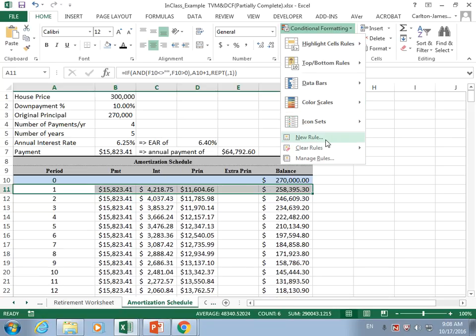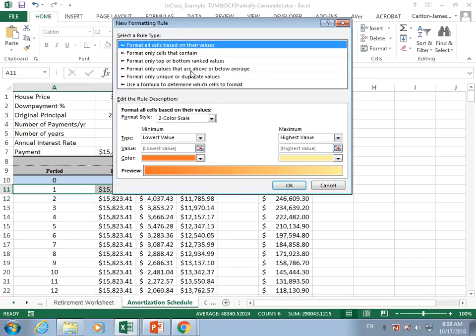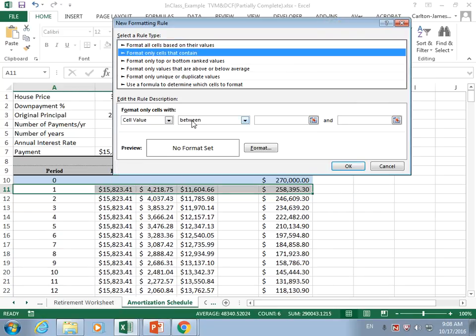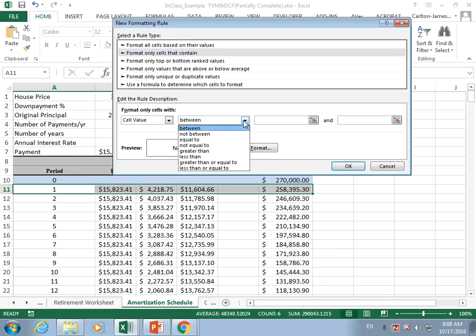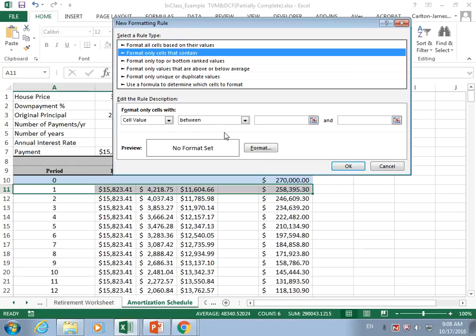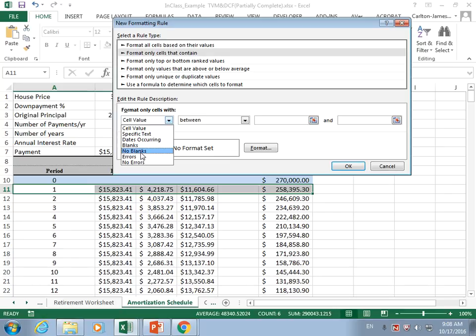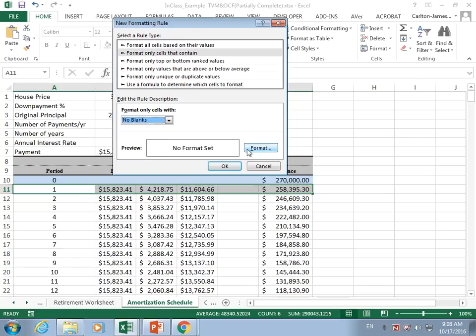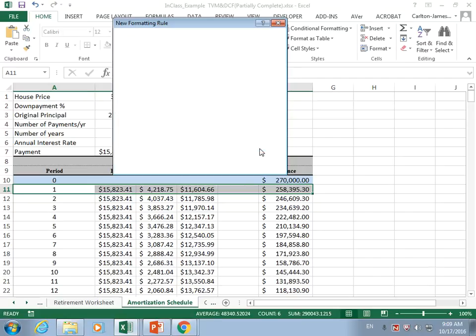We'll create a new rule, and we'll populate the cell where there are no blanks. If it's blank, then there's no formatting. But if there are no blanks, we can format it whatever way we want.